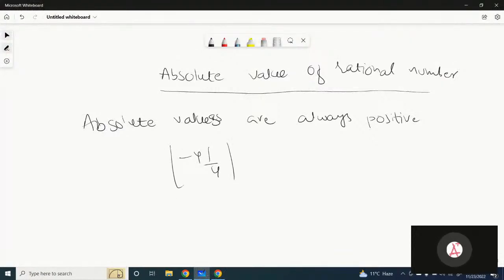So this is the sign for the absolute value. Got it? Two lines around the number. The absolute values are always positive numbers, so the line means you have to calculate the absolute value. It would be 4 whole 1 over 4. Got it? Just write the number without sign.